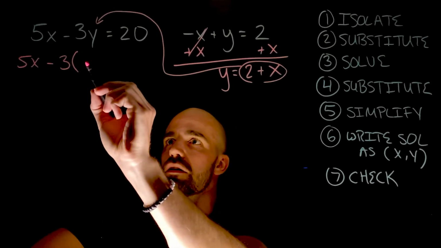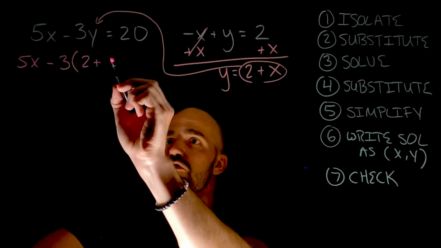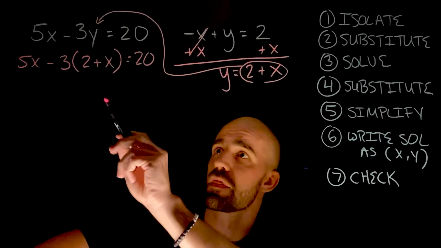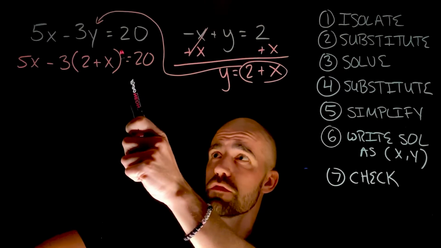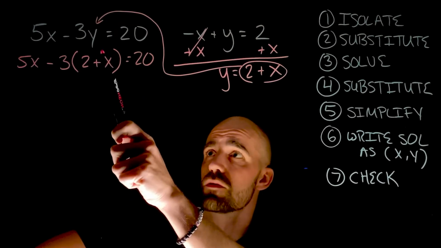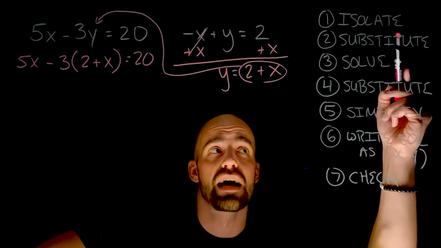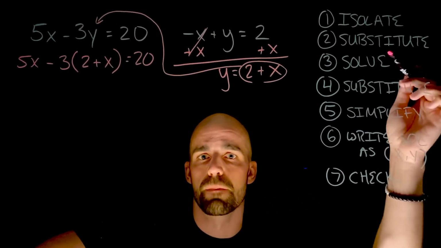So y was here, now I'm going to replace inside of parentheses 2 plus x equals 20. So everything else about this equation is exactly the same as it was before. All I've done is replaced y with what I know y is equal to. That's my substitution step, my second step.